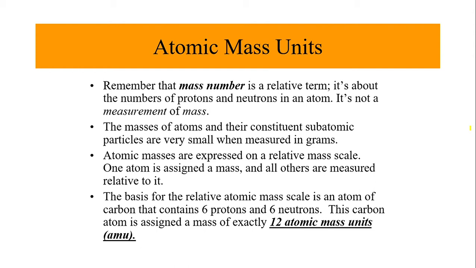The basis, like I said, is an atom of carbon-12, which contains 6 protons and 6 neutrons. In this case, the carbon atom is assigned a mass of exactly 12 atomic mass units, or AMU. Notice that this is not a direct measurement of mass, it's a relative scale.